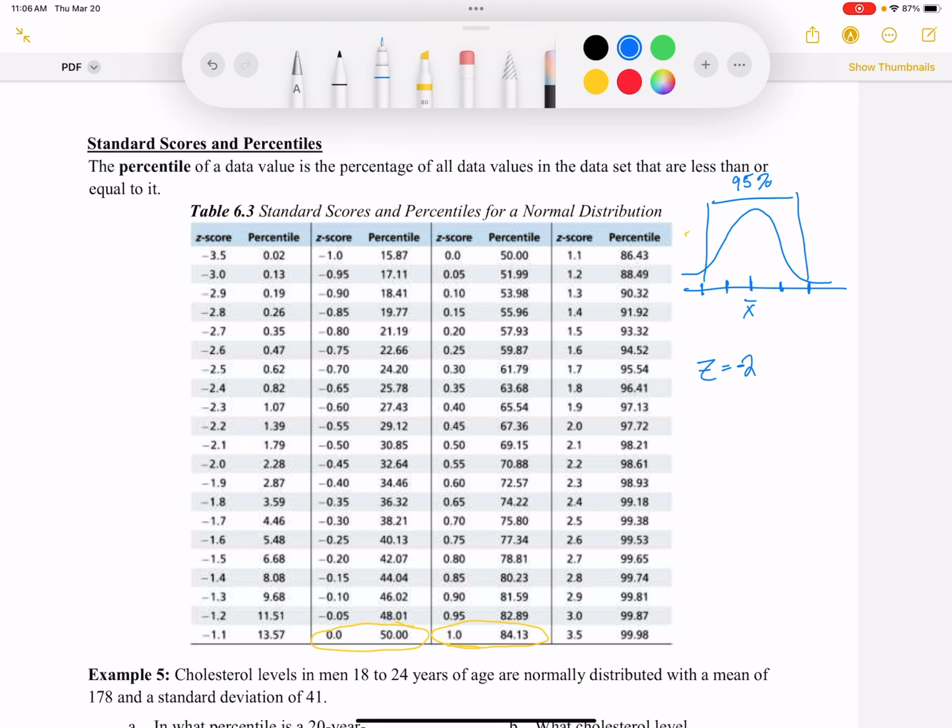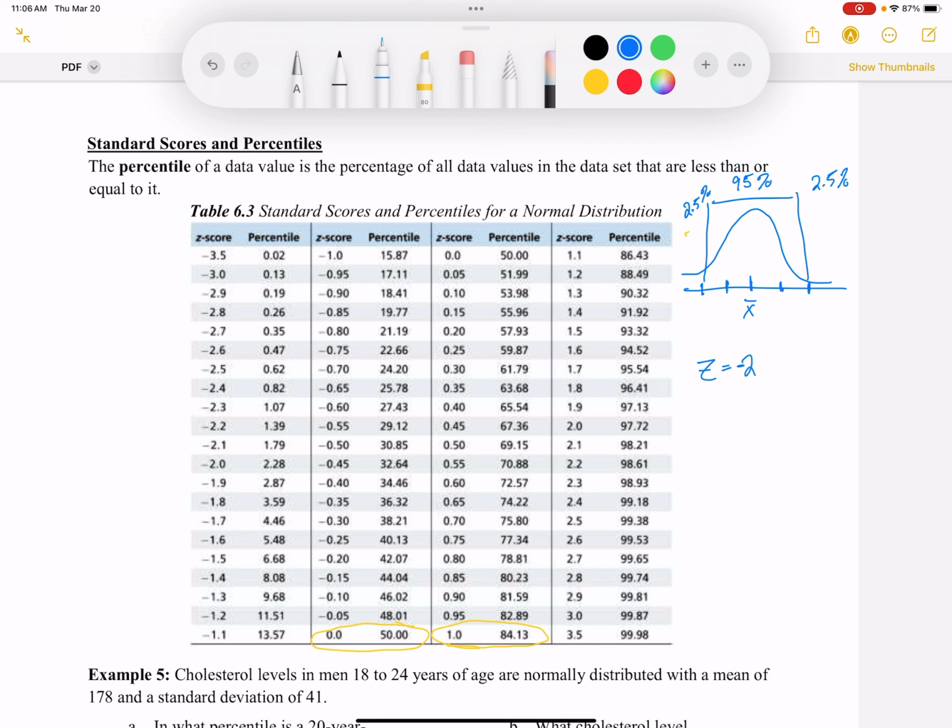It's really 95.5, but we're just going to call it 95. Well, that means what's left of the data is 5% because all the data has got to be 100%. That means 2.5% is here and 2.5% is here, right?